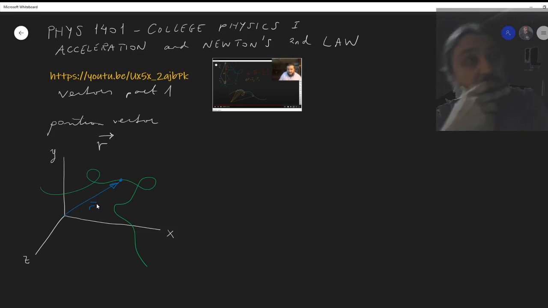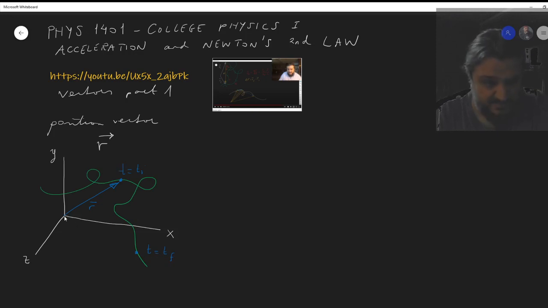And then using the position vector at two different times, you can come up with a displacement vector. For instance, this is at t equals some time, t initial. At a later time, the object is here, let's say. This is t final. And then let me use a different color now.